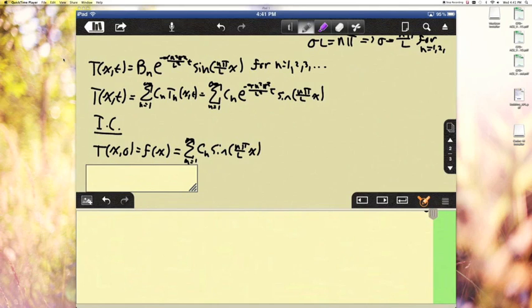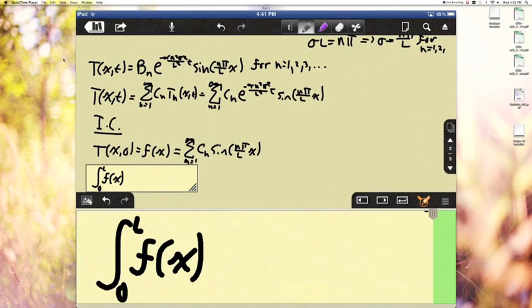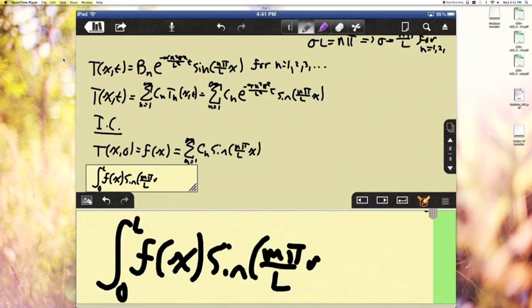We're going to utilize orthogonality, since sine n pi over L times x and sine m pi over L times x are orthogonal functions, to figure out what c sub n is equal to. By doing this, we want to integrate over the entire bar from 0 to L. We have our function f of x times sine m pi over L times x, and we integrate that with respect to x.